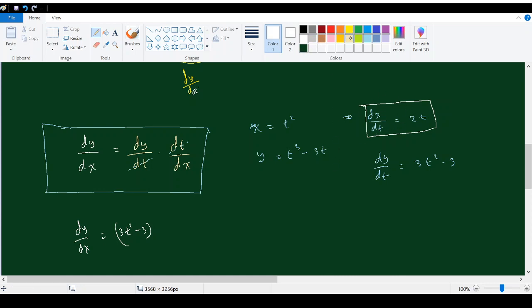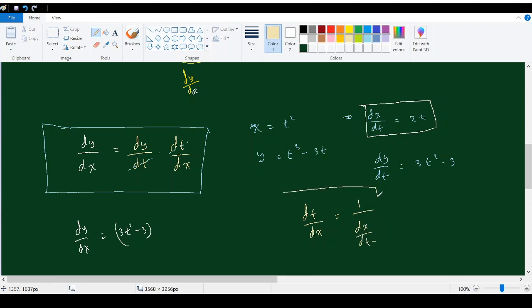For that we have another rule that is also basically the chain rule. We can write dt by dx, it works both ways, as the reciprocal of dx by dt.